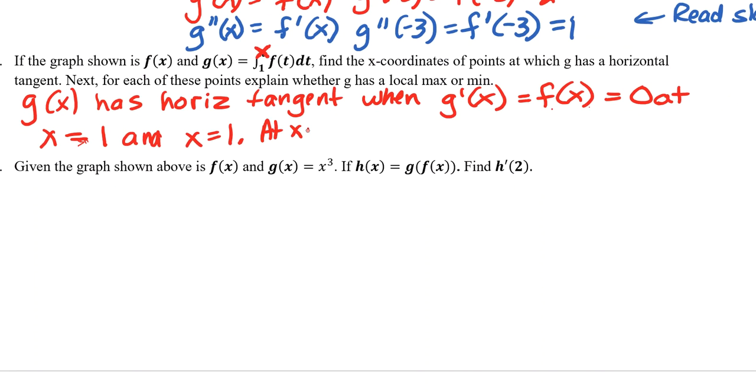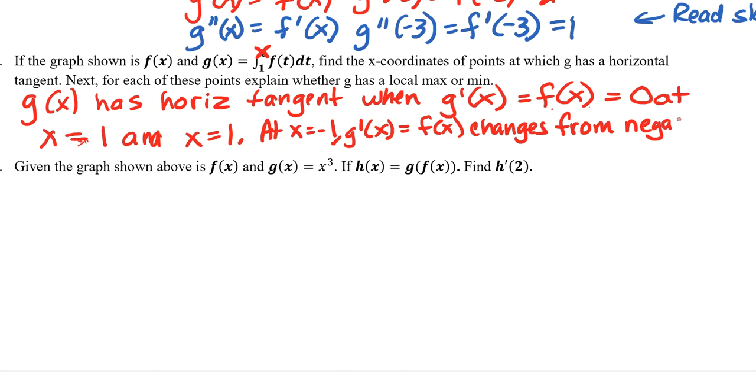So at x equals -1, g prime of x, which is equal to f of x, changes from positive to negative. So g of x has a local max at x equals -1.